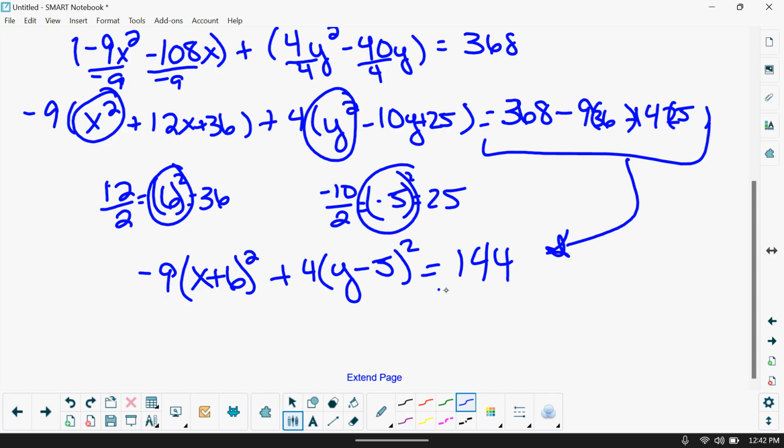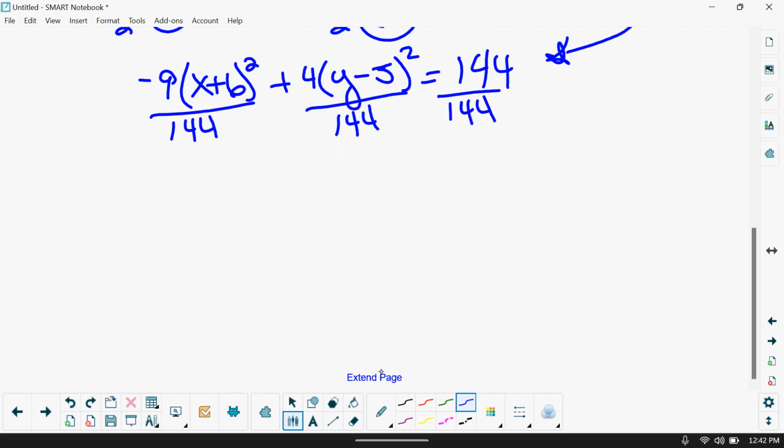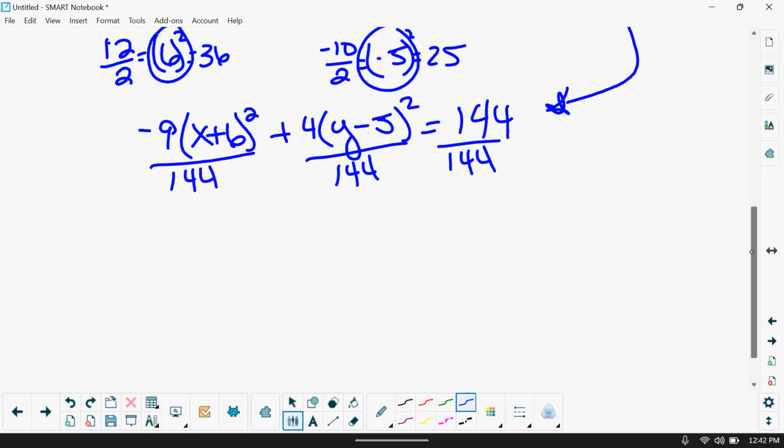Remember, we have to have it equal to 1, so we're going to divide by 144. Divide by negative 9 because we can't have any numbers on the top. And this is where I hold my breath. Negative 16.